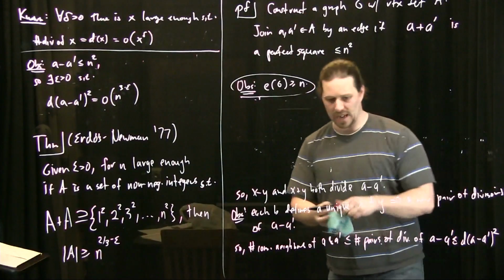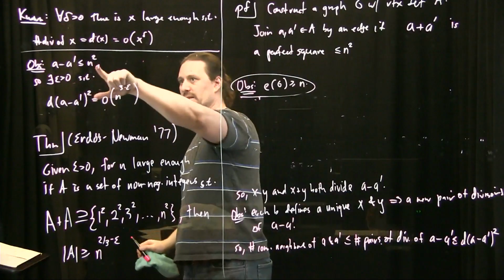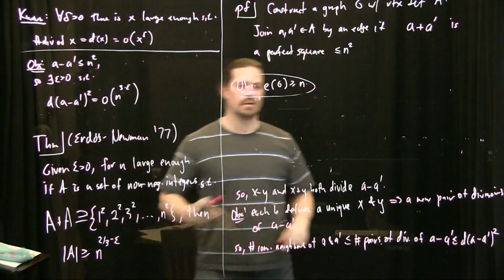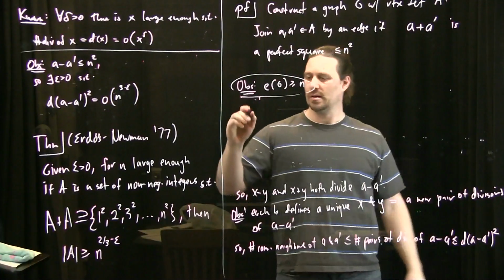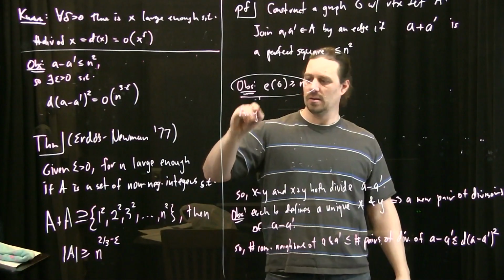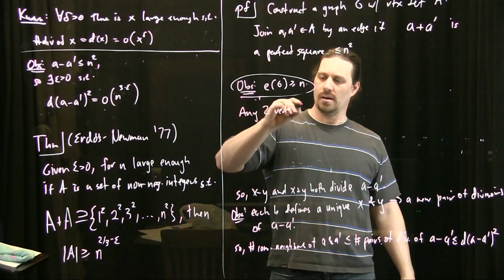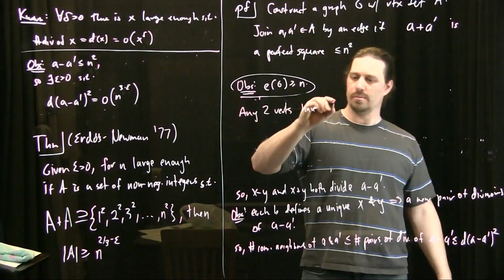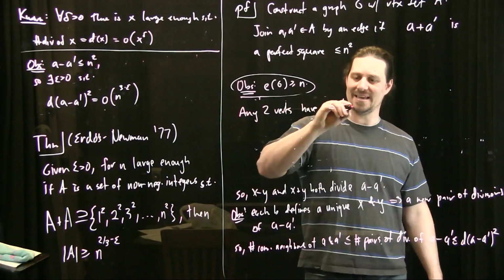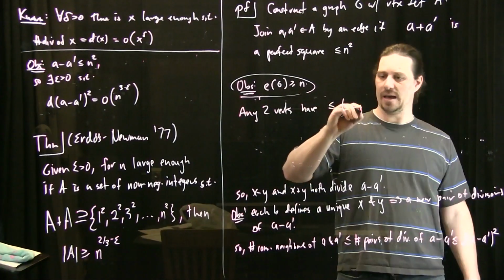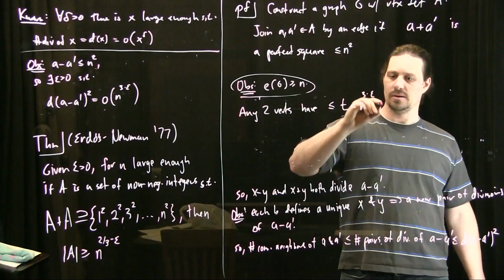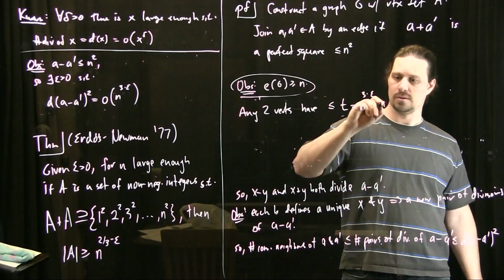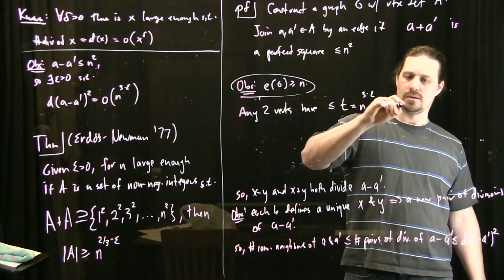This holds for any, A and B are arbitrary. Certainly any A and B satisfy this guy here. Right? So what does it mean? It means any 2 vertices have at most, I'm going to call it T, which is just equal to n to the 3 epsilon, common neighbors. At most that many common neighbors.